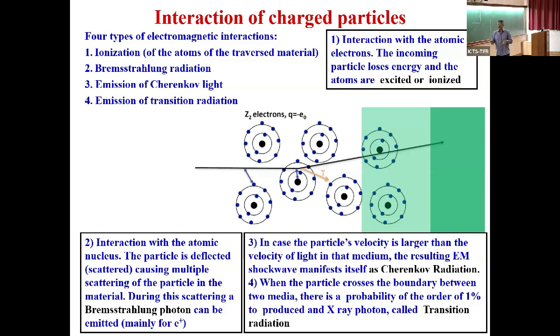Bremsstrahlung photons. Usually synchrotron means an electron beam moving in a circular path in a magnetic field. The principle of radiation is the same, but when the radiation occurs in the presence of charged particles, it is called Bremsstrahlung, and its strength is proportional to 1 over m squared, the mass of the particle.